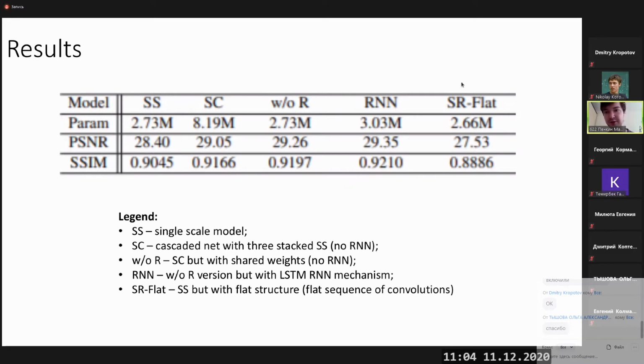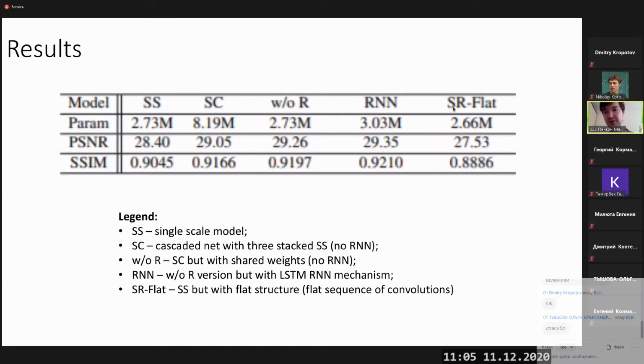And the last one is, I think, a minor experiment just to prove that the U-net structure is valuable. So here is the single scale model like the first one, but with no max pool layers in the encoder and deconvolution layers in the decoder.